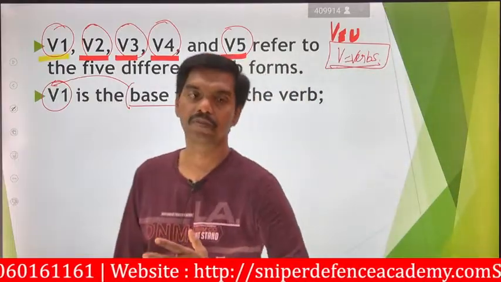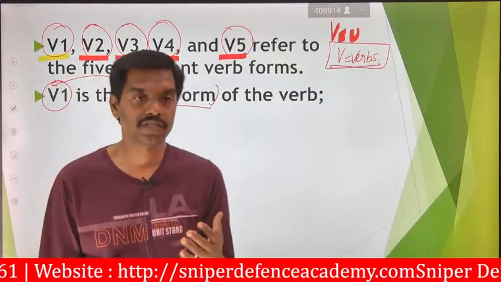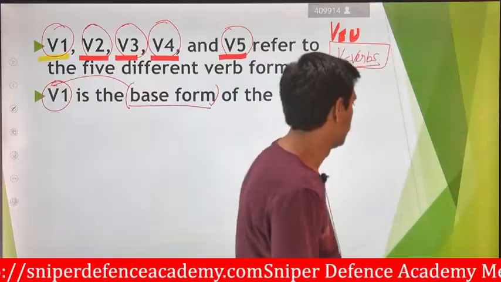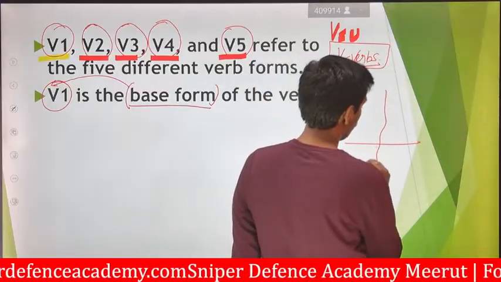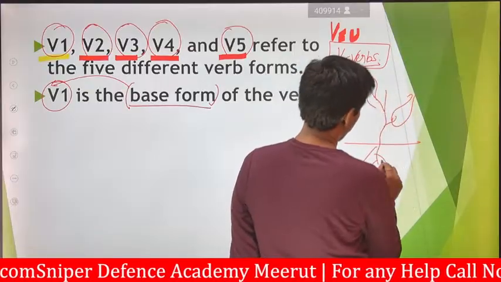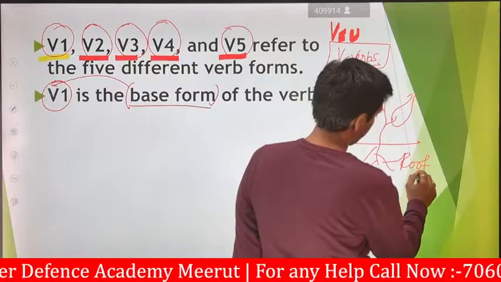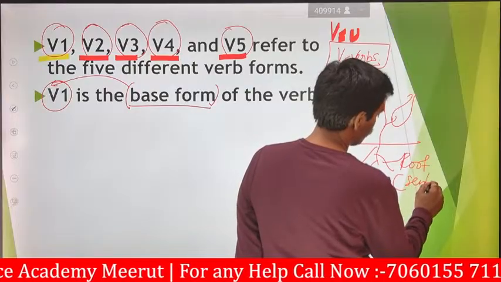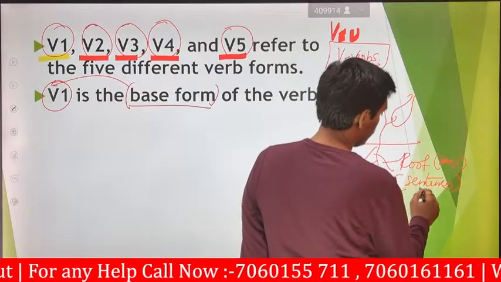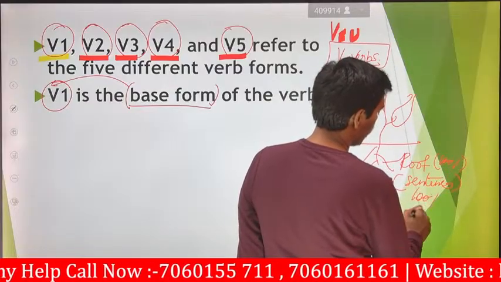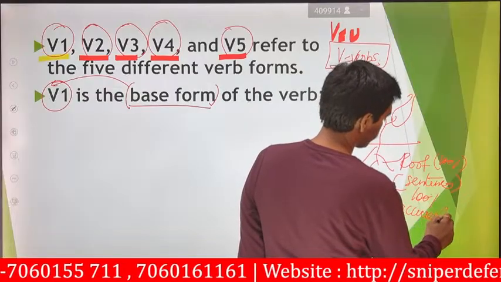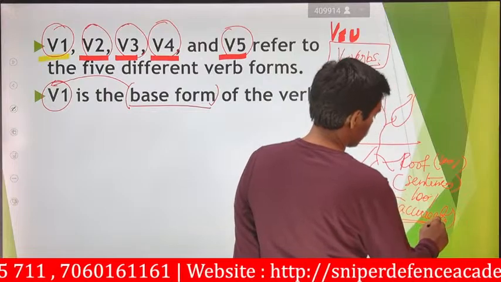Base form is a verb. It is also called a root form, because it comes from the root. If the root is good, then the sentences will also be good. If the root is 100%, sentences will also be accurate. Accurate means perfect, 100%.